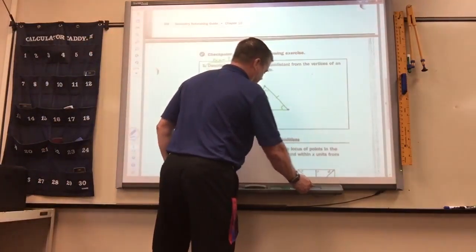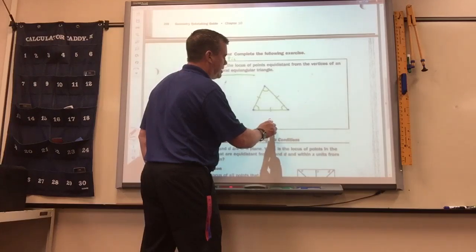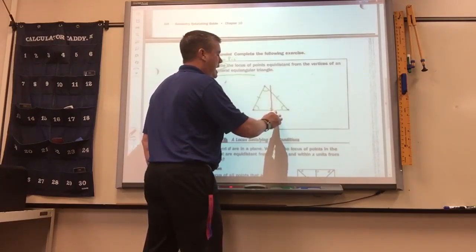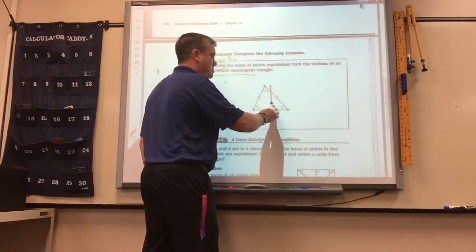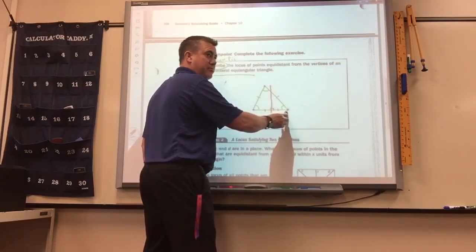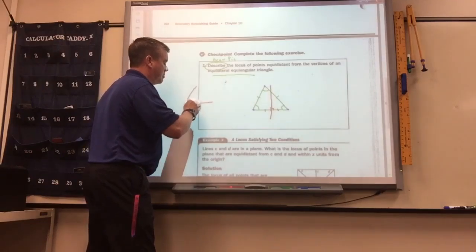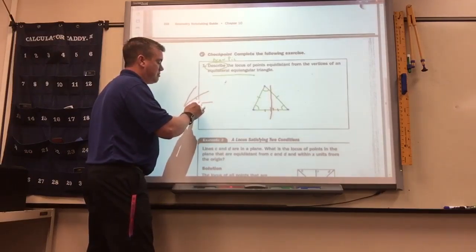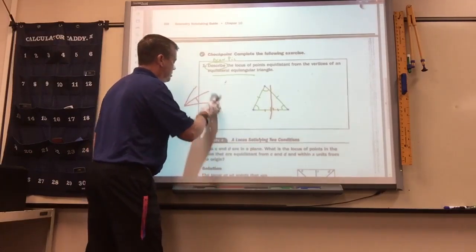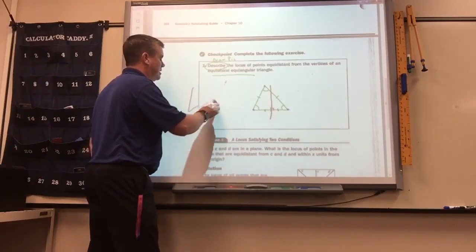Okay? If you drew in the perpendicular bisector, every point on this line is equidistant from these two. The angle bisector is every point on that is equidistant from, oops, I drew that wrong, equidistant from each side.